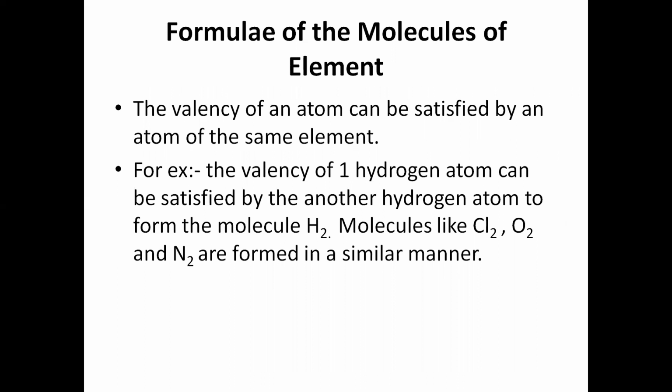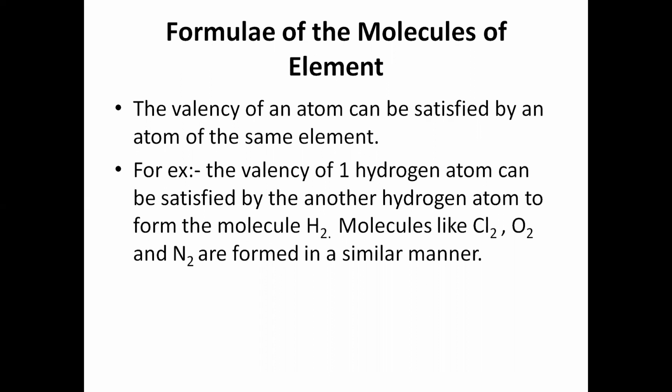Now next is formulae of the molecules of elements. The valency of an atom can be satisfied by an atom of the same element also. For example, the valency of one hydrogen atom can be satisfied by another hydrogen atom to form the molecule, that is H2.